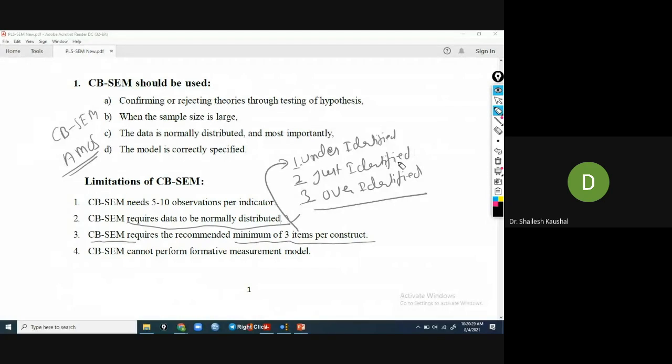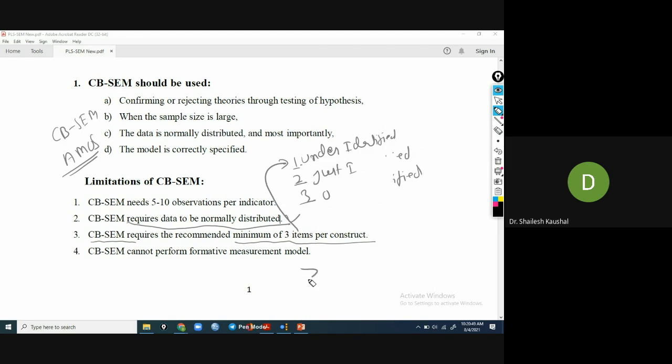So in a CBSEM, when our model is just identified, then we can take this model. The under-identified model we cannot perform in a CBSEM.